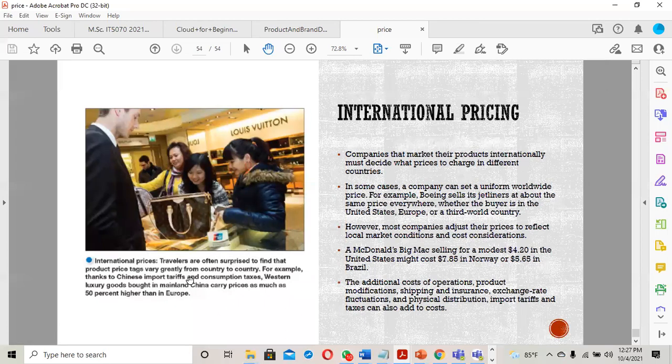In China, they want to deter people from importing things and promote their own products, so they have a huge import tariff. If you buy some expensive branded product in China, most probably you have to pay a couple of times the price it is sold for in the original country, because of the import tariffs.